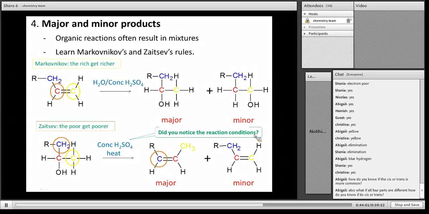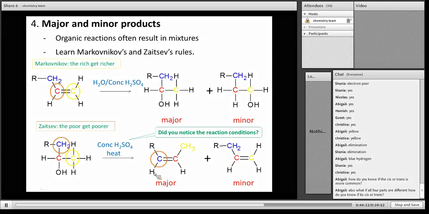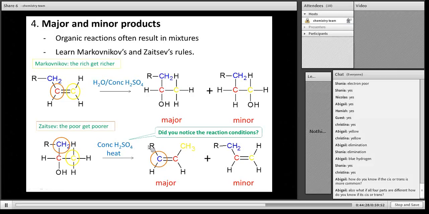Let me just answer Abigail here. What happens if all 4 parts are different? How do you know if it's cis or trans? Hopefully they'll always give you 2 that are the same, like 2 hydrogens or 2 methyls. But normally it's the 2 biggest groups. So if this was an ethyl and a methyl on the same side, or an ethyl and a propyl, then it would be ethyl to propyl.